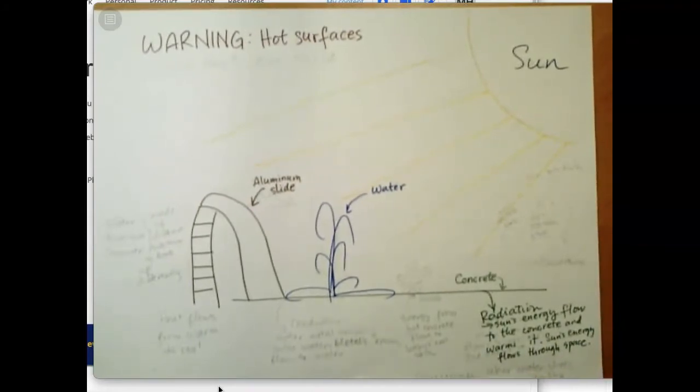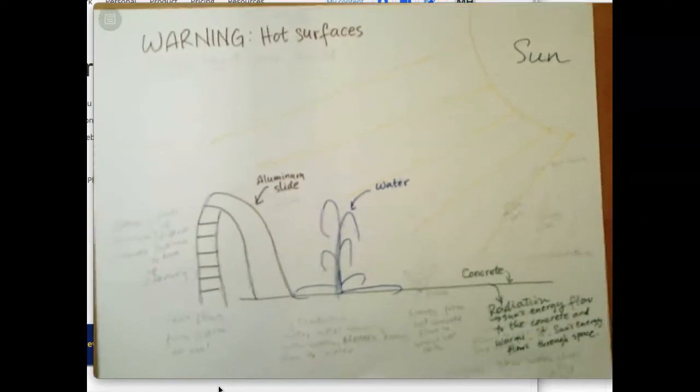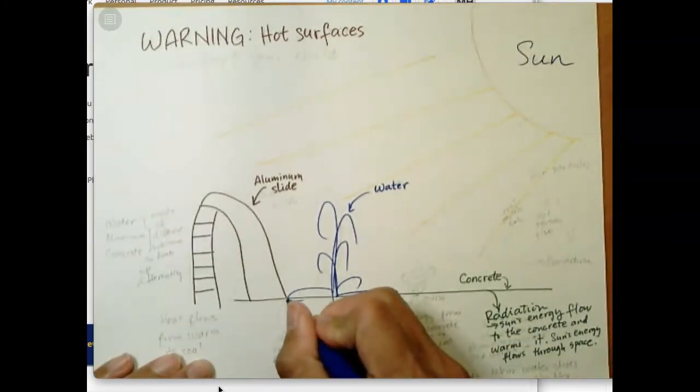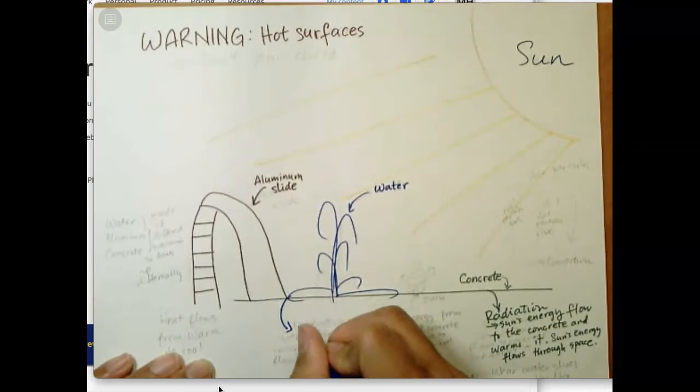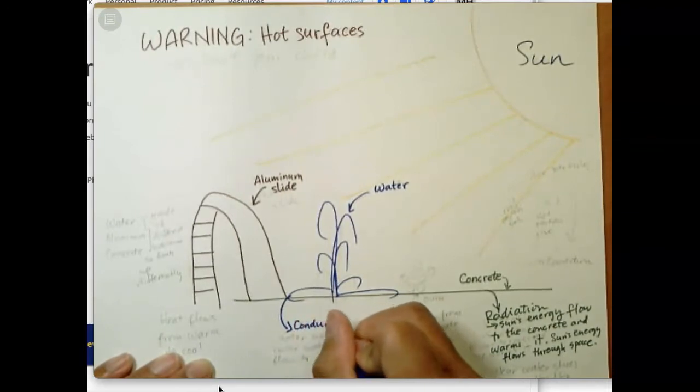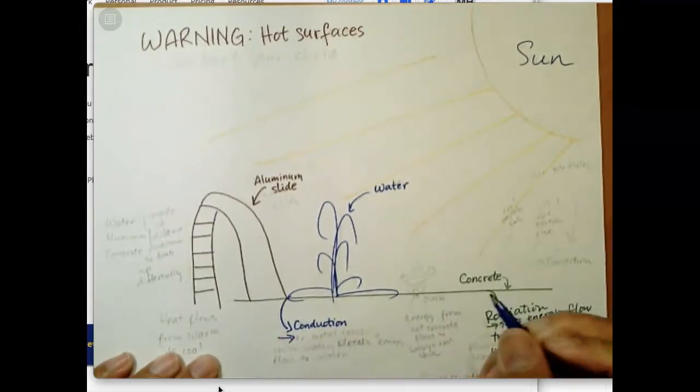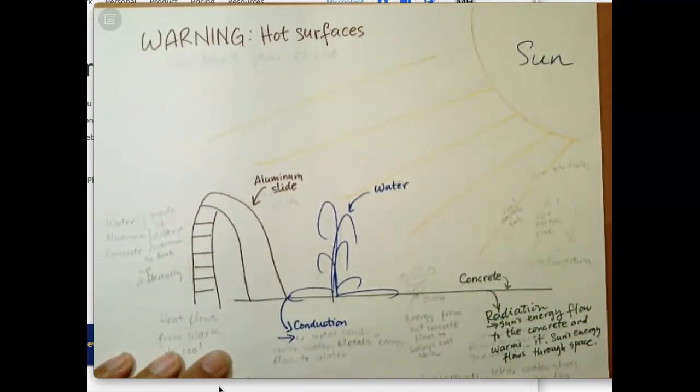Then I'm going to show conduction. I'm going to choose conduction where the metal is touching the water. So I'm going to write down right here is where conduction is happening. Conduction, because heat transfers between two objects that are touching.